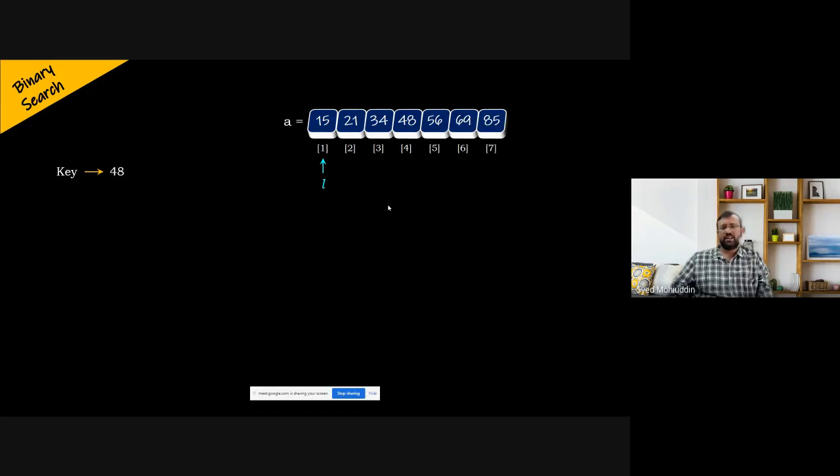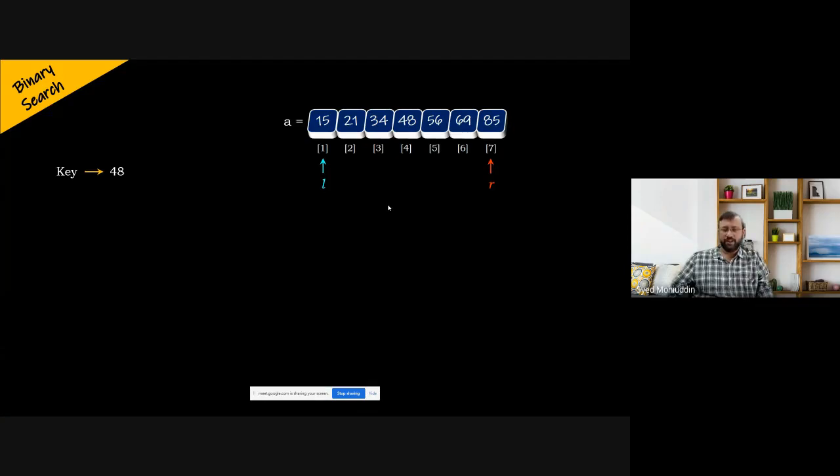In this case, let us say L is the left index, which is the start index, referring to the first element. And let us take R as the right index, which refers to the last element. Initially, L is referring to the first element and R is referring to the last element. Remember, this is initial.